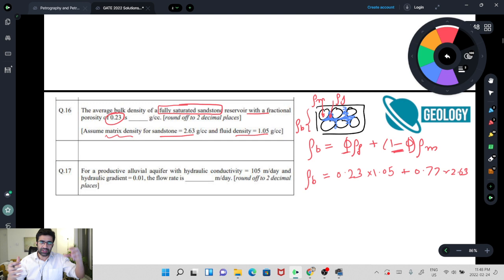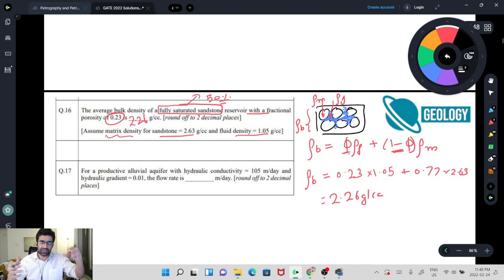Let me just very quickly calculate this. 0.23 into 1.05 plus 0.77 into 2.63. So it will be 2.26. So the answer that comes out to be is 2.26 gram per cc.